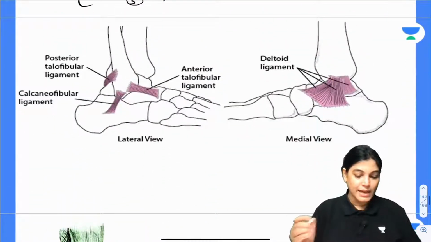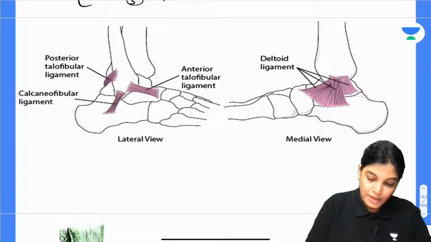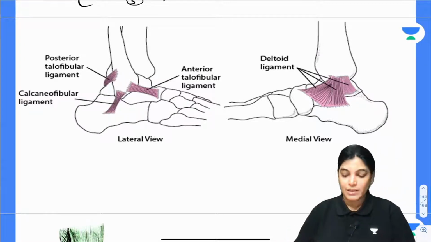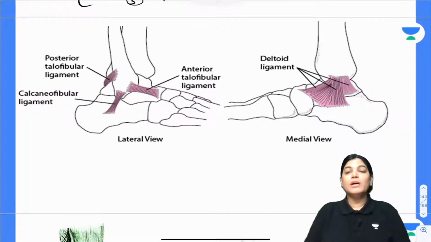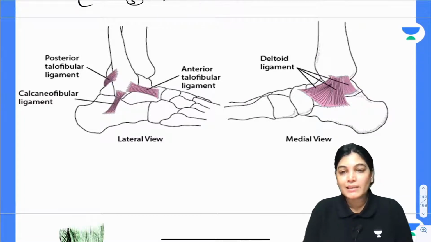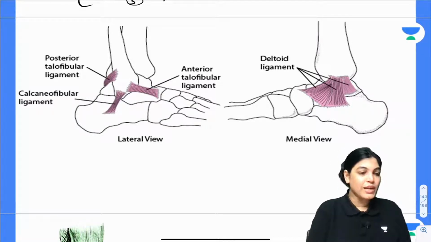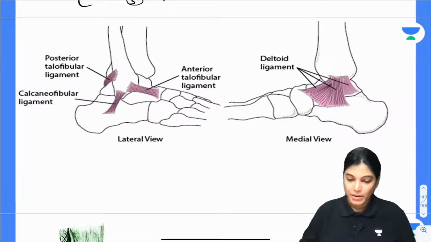Now see here in this diagram, you can appreciate the ligaments. We have the lateral and the medial ankle ligament. The medial ankle ligament is called the deltoid ligament and it also has various parts, and in the same way the lateral ankle ligament has 3 parts.